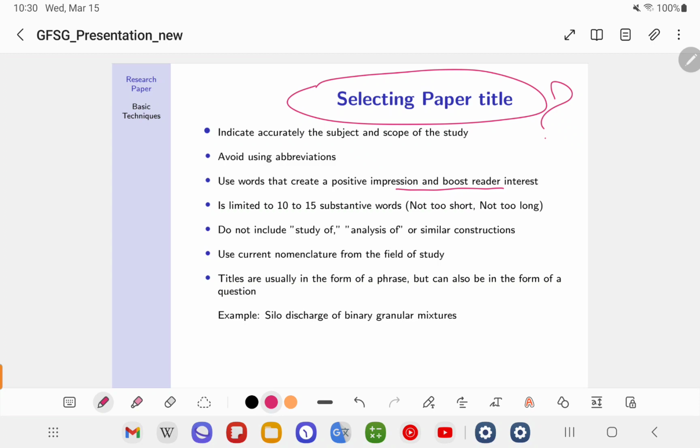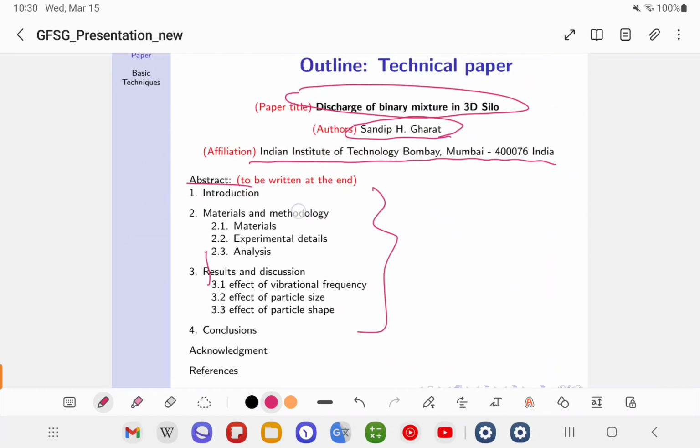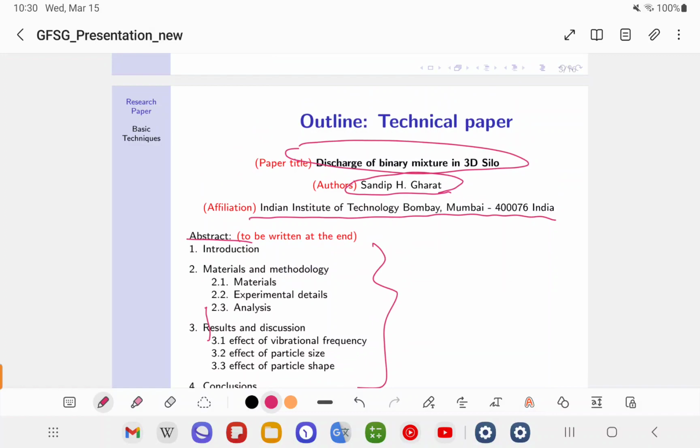You must restrict your title to 10 to 15 words. It should not be too short or too long. When you write a thesis, master's, undergraduate or PhD, we usually write study of, wastewater treatment, analysis of these. So while selecting the paper title, don't use study of. So for example, study of flow of discharge of binary, I think analysis of.